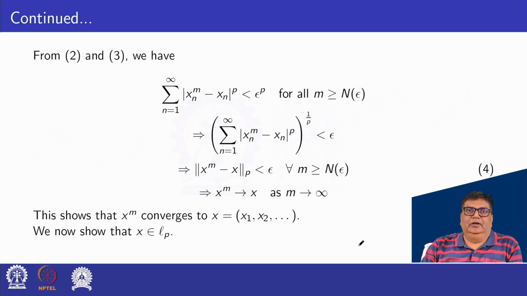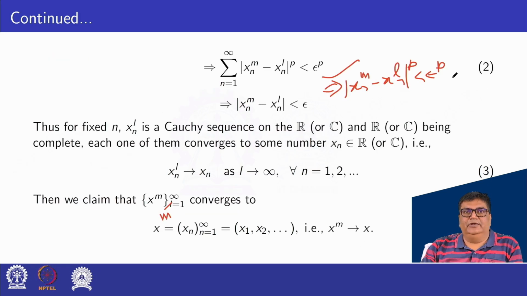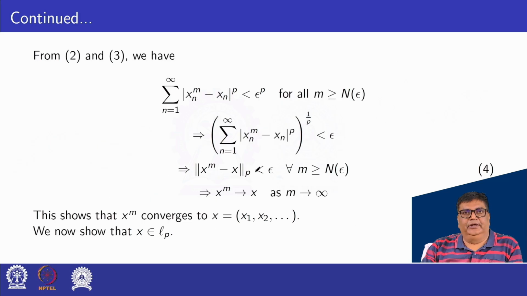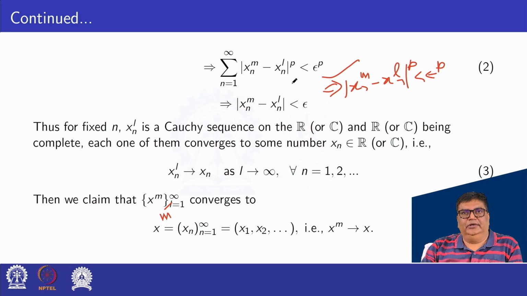Now from equations 2 and 3, x_n^(l) converges to the point x_n as l tends to infinity. So from equations 2 and 3, the summation n equal to 1 to infinity of |x_n^(m) - x_n|^p is less than epsilon^p.